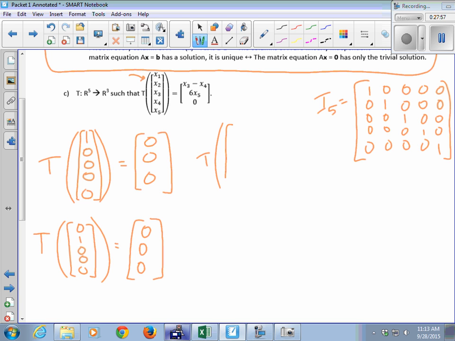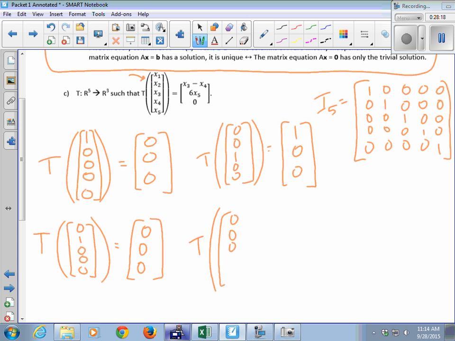Then T of 0, 0, 1, 0, 0: x3 minus x4 is going to be 1, and 6x5 is 0, 0.